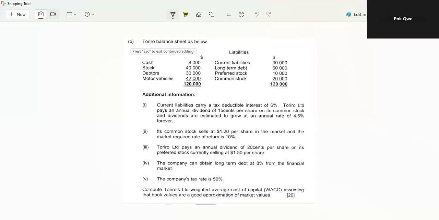What can you see from that information? Let's identify what you're able to see. Just tell me what you're able to identify. What is our current price? What is the growth rate?